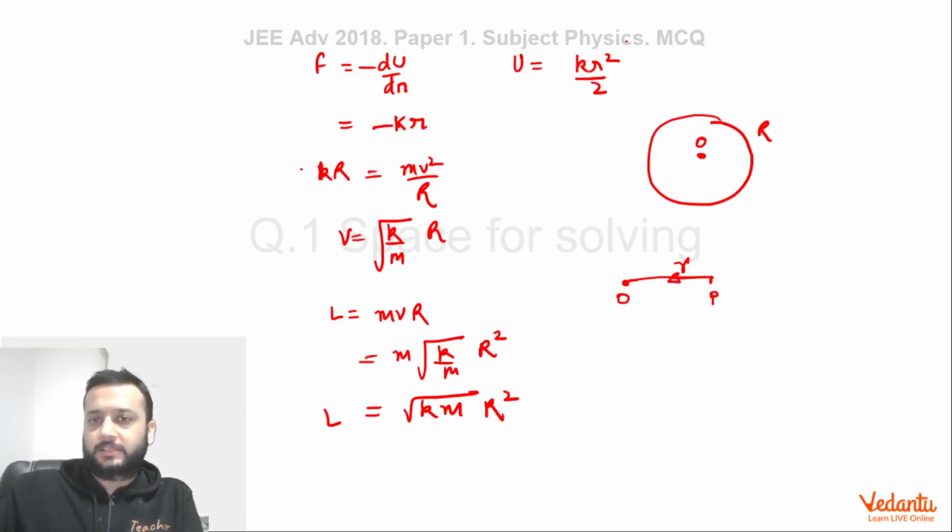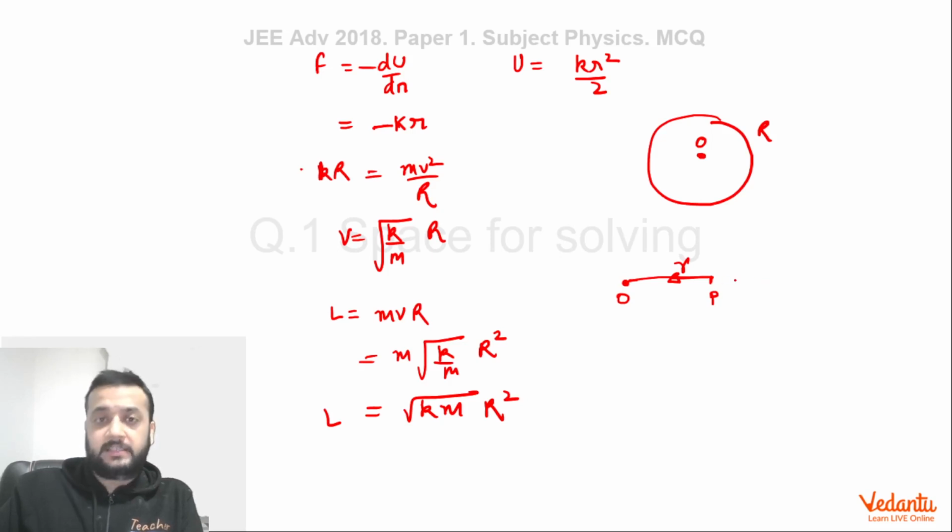This can be understood by this function. If you increase the value of r, then potential energy is going to increase, as we can see from here. So if potential energy increases, kinetic energy is going to decrease because the total energy must be conserved, since the particle is moving in a conservative field.